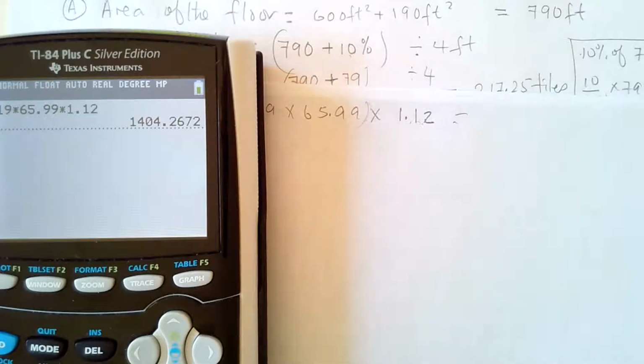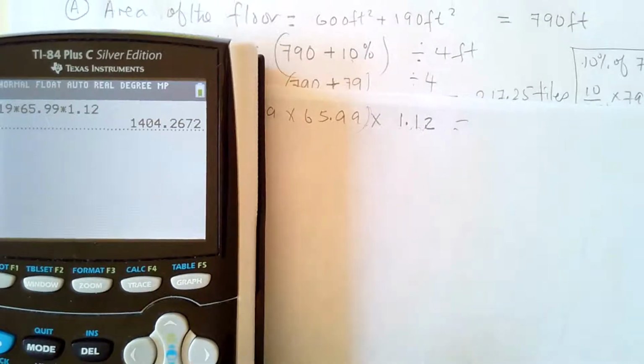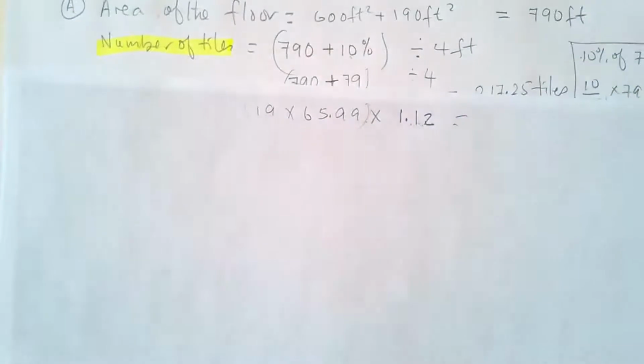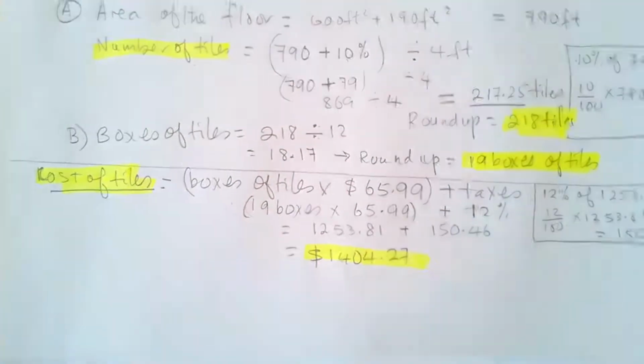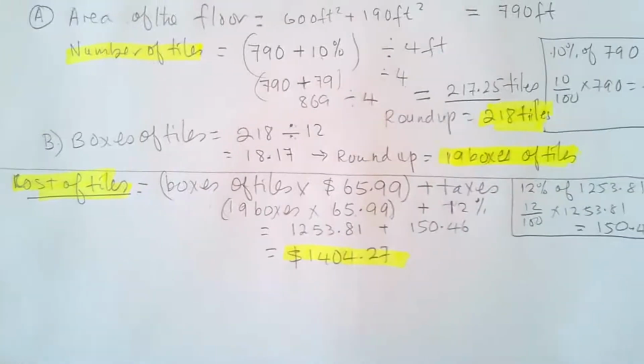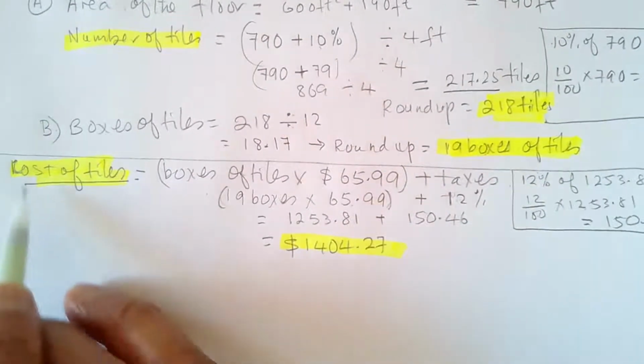It's a much quicker way, and it's a good practice. It's more efficient. Let's go on to the final section. So now we have the cost for tile, which is what we need here.